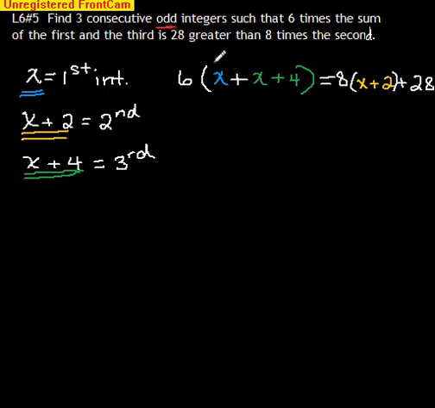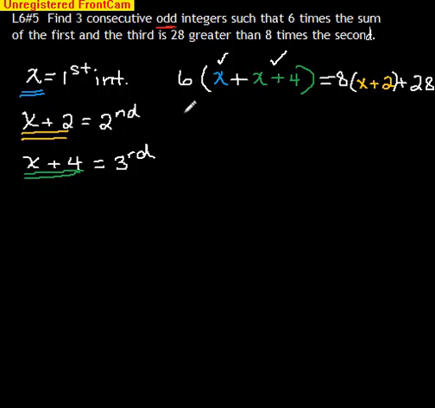So here we have the first, and the sum of the first and the third. 6 times the sum of the first and third is equal to 28 greater than 8 times the second, and that's the second. Once you get your equation, it should be pretty easy.